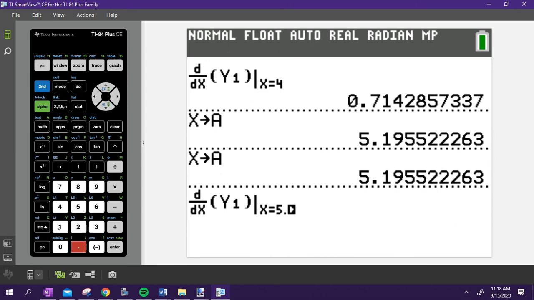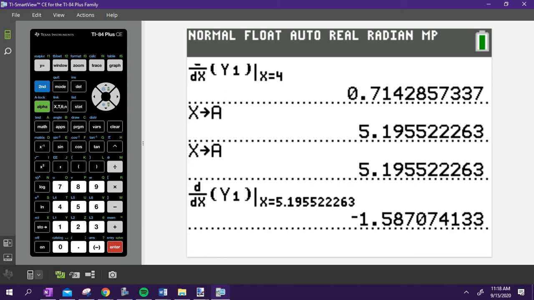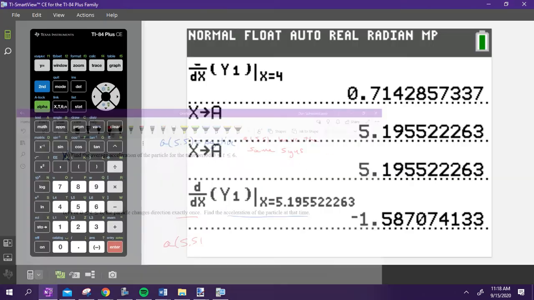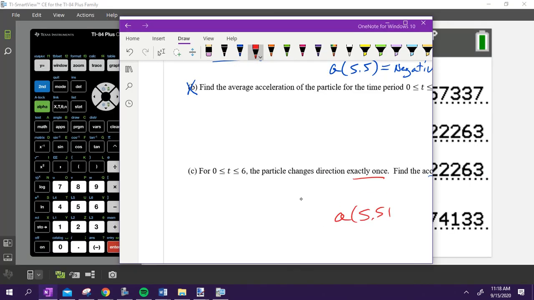So you can just type in that decimal if you want to, 5.195522263. Or you could just do alpha A, and it'll be a lot easier. Negative 1.587. So A at that 5.1955 number is negative 1.587.